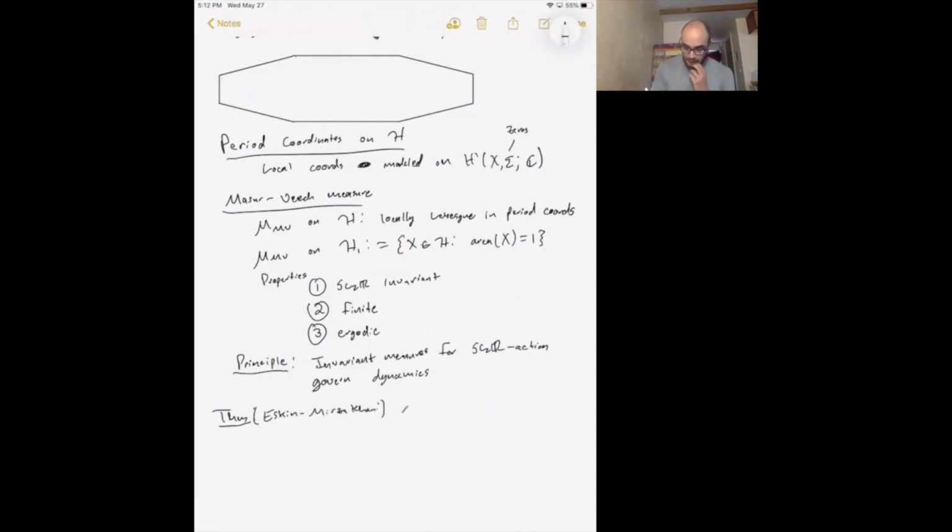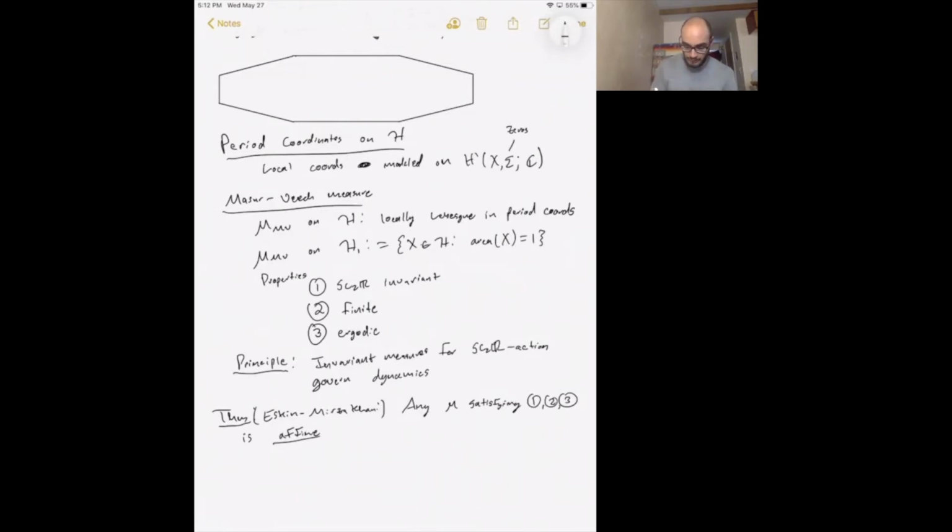which says that any mu satisfying the properties 1, 2, 3 above, SL2R invariant, finite, and ergodic, is what's called affine, which you can think of as a specific type of nice.